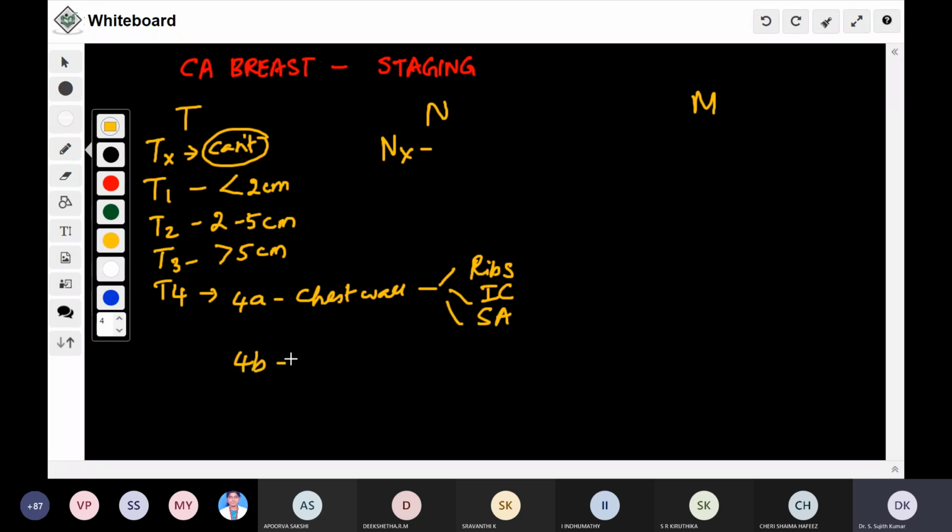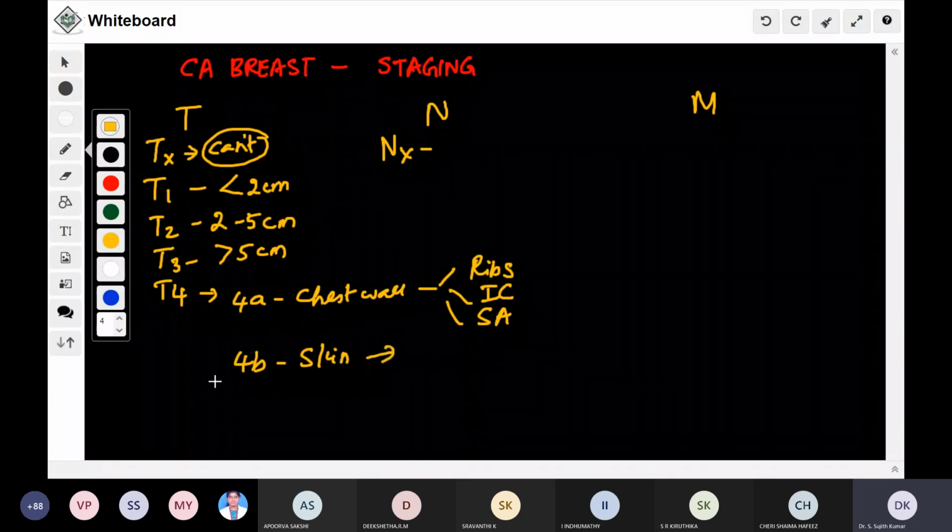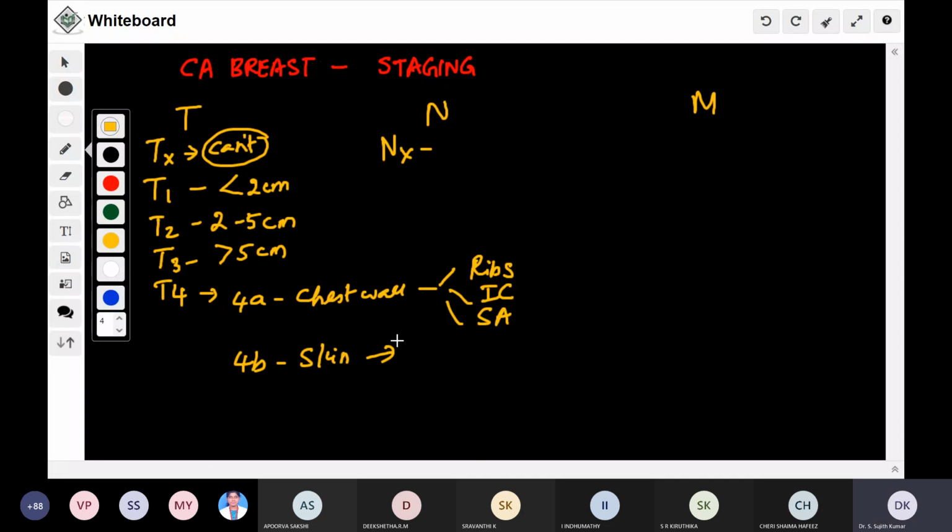Next, 4B. 4B means skin involvement. That means the tumor is involving the skin. What do you mean by skin involvement? When examining, pinch the skin over the lump. If you can't pinch the skin, then you can call it skin involvement.